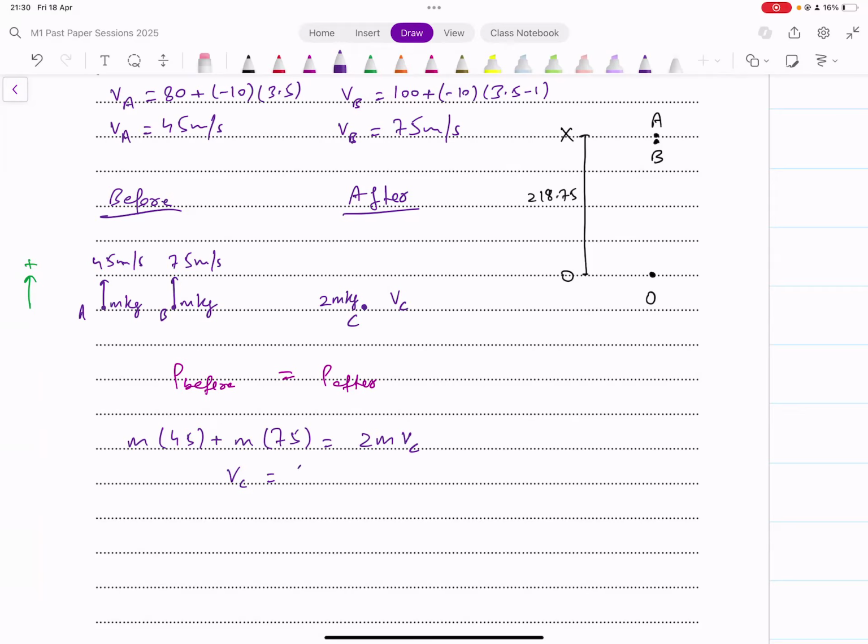Yeah, 60 meters per second. That's the velocity of C. All right, because m is going to get cancelled, we can take that common, divide by that, and it gets eliminated. We get 60 meters per second.